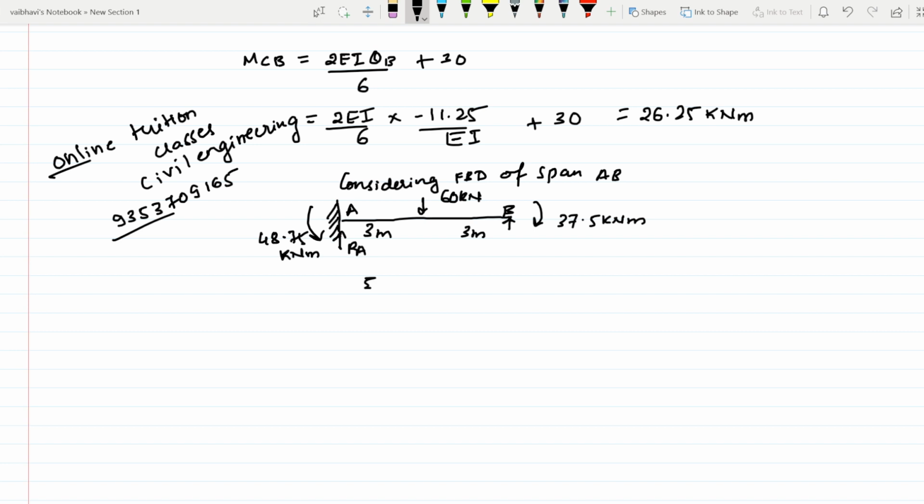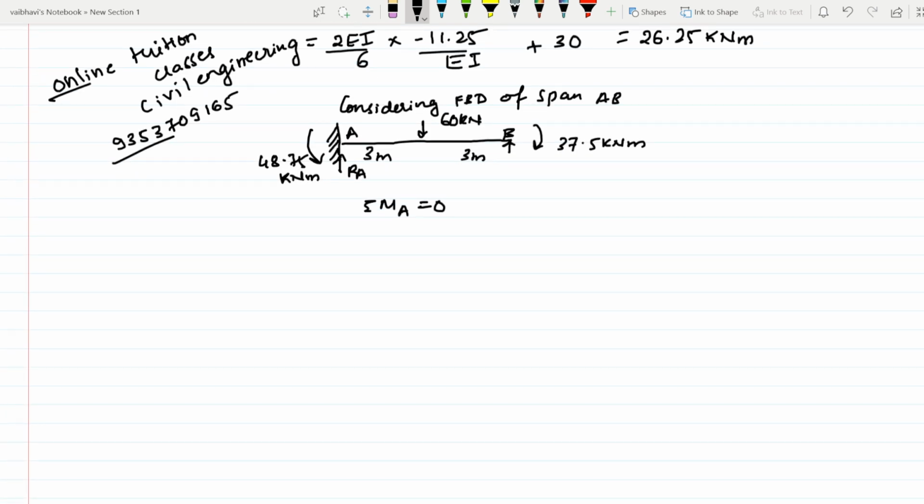Now taking moment about point A, MA is equal to 0. This is how we draw the free body diagram of span. We will take two spans separately, that is AB and BC. And we will write the final moment values what we have got. This is MAB and this is MBA.